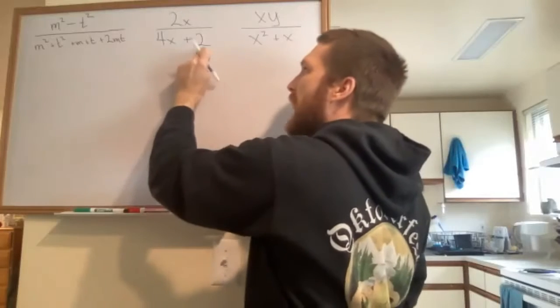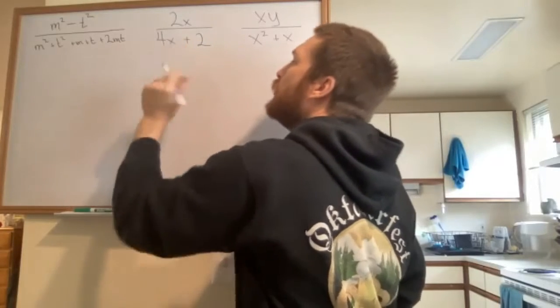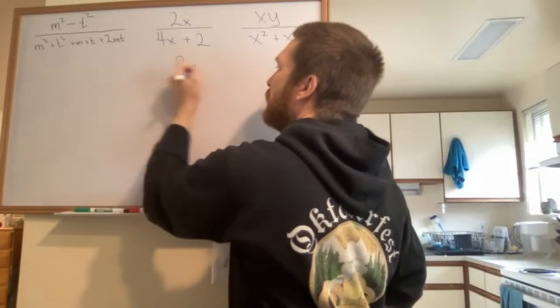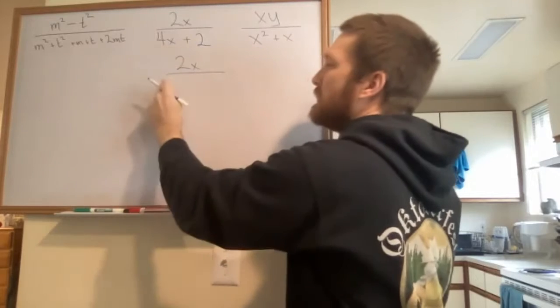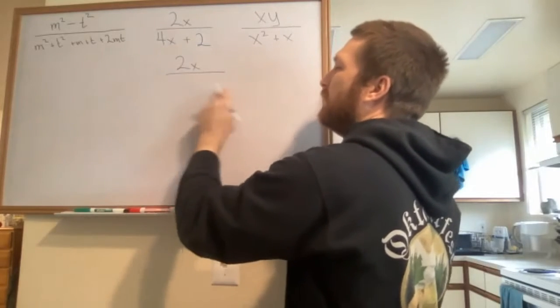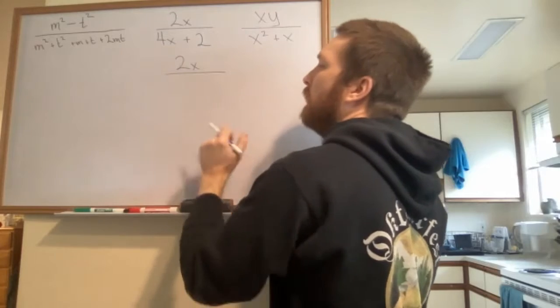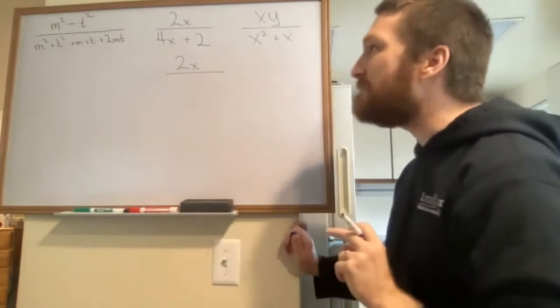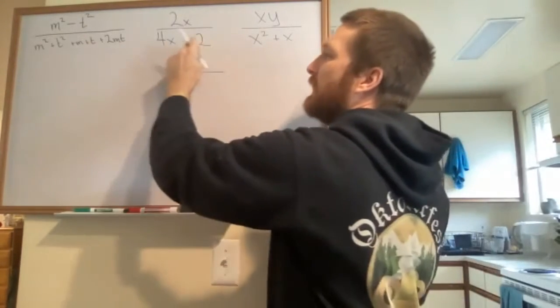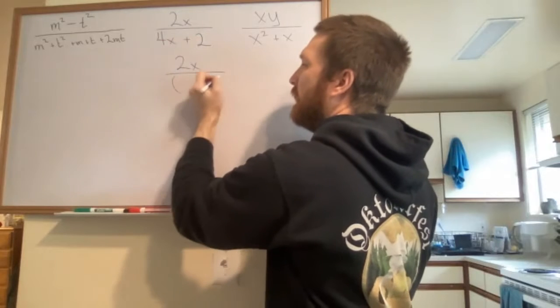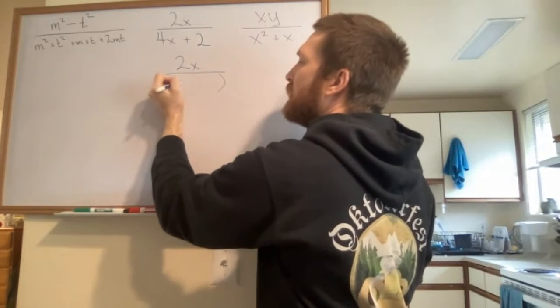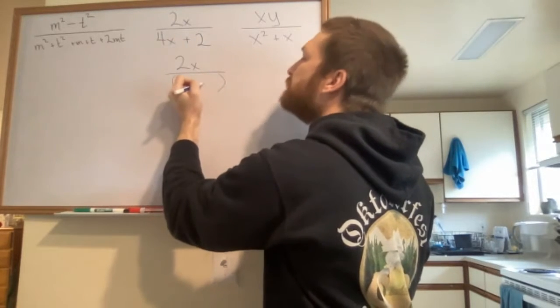So what you just said is factor out the 2 from the bottom. I'm just going to rewrite the top. What does it look like when I factor out a 2? What am I left with? X plus 1. No, we're not taking one step at a time. Sorry, 2x. So there's a 2, and you take the 2 and put it outside the parentheses.